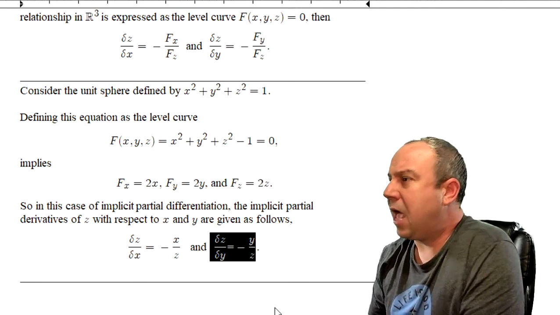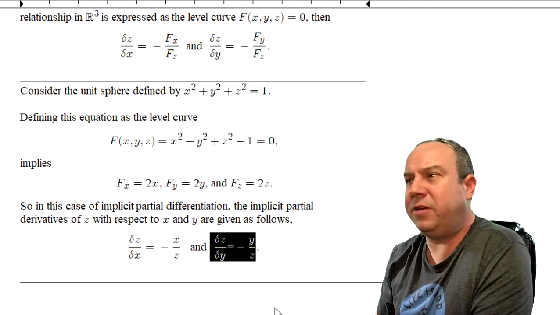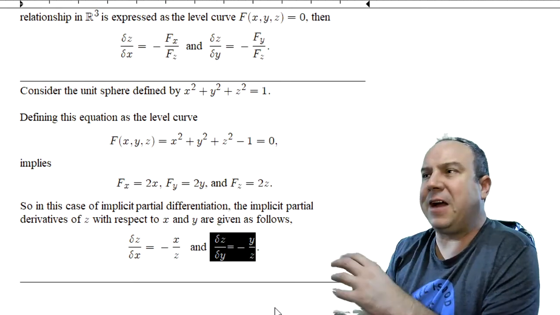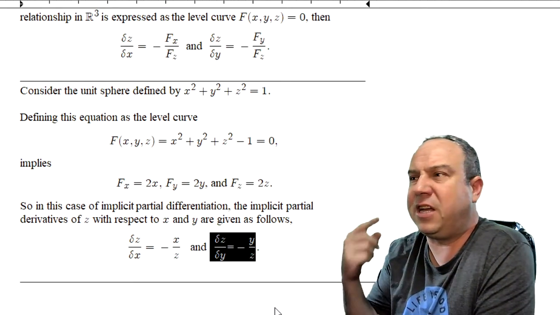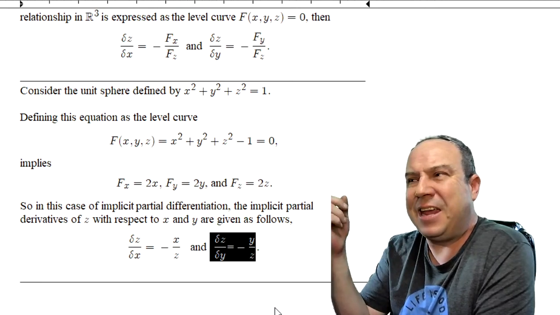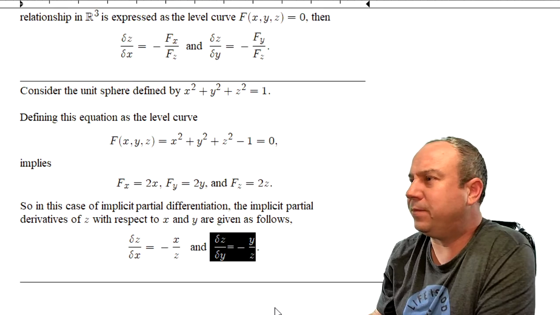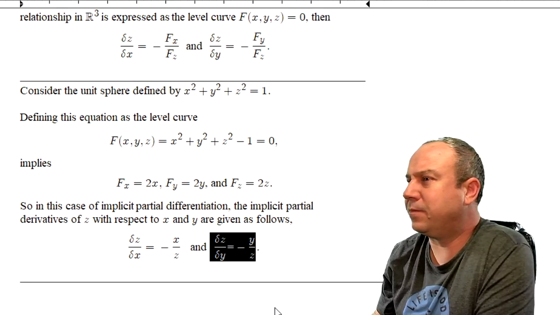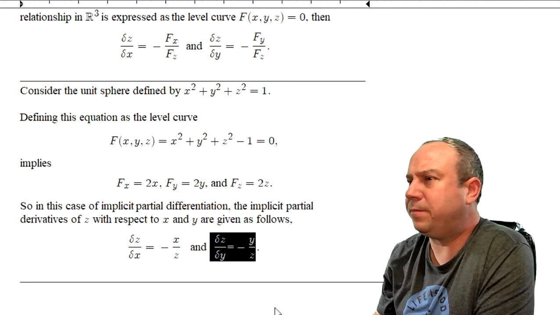However, noting those two partial derivatives, we're going to later find out that we can use that information to calculate the derivative in any direction at any point on our unit sphere. Calculate what we call a directional derivative.